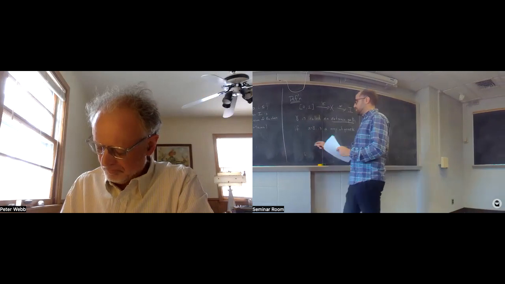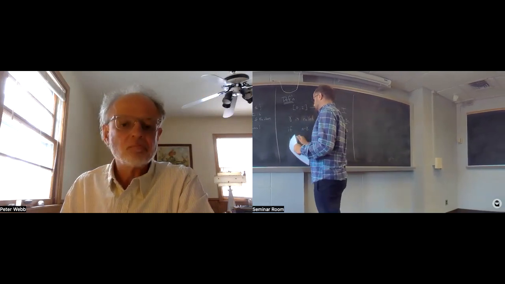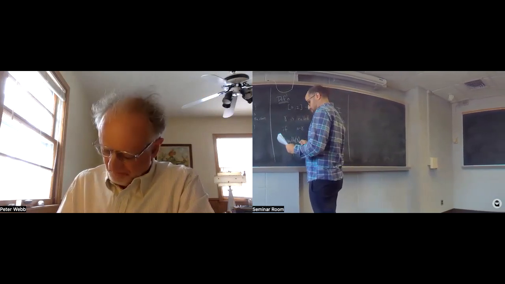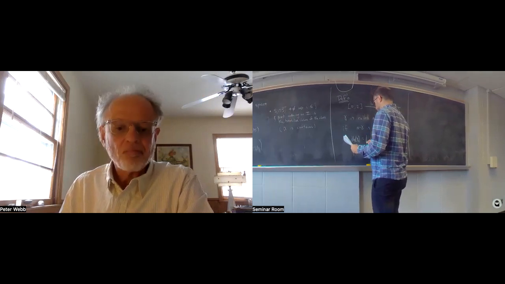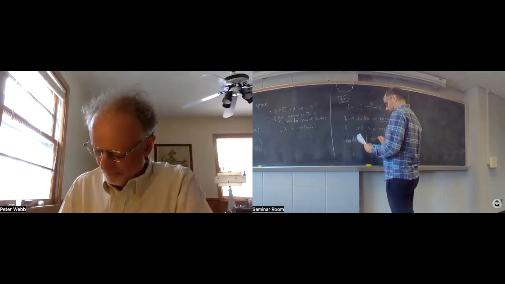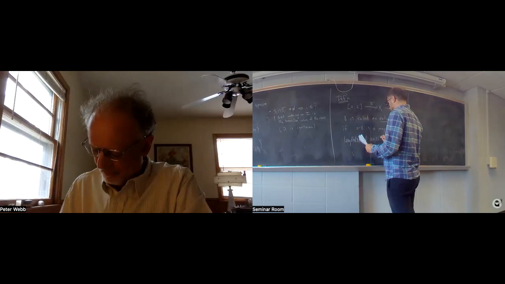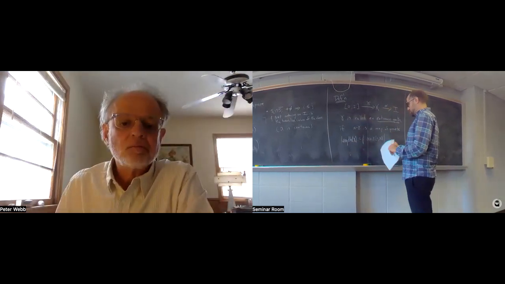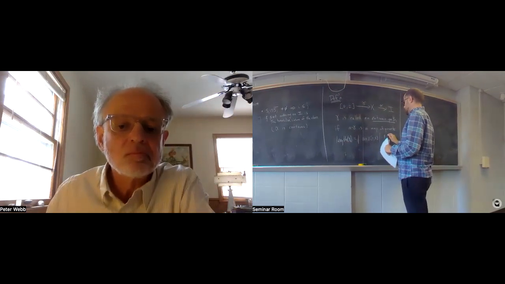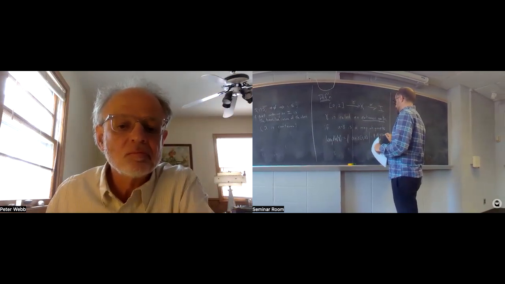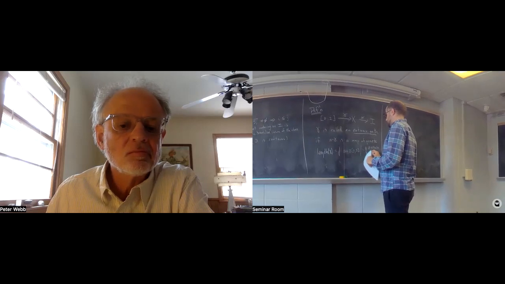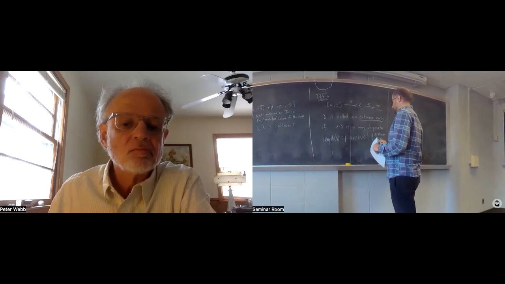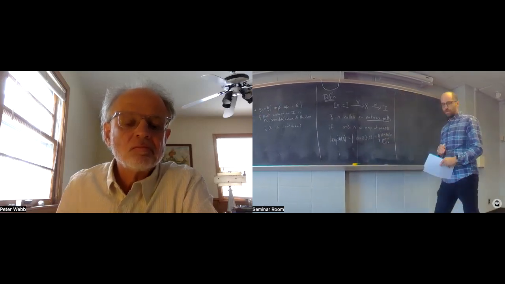Oh, and then I want to define the length of gamma to be the cardinality of the image in here. So this is the number of strata gamma passes through.